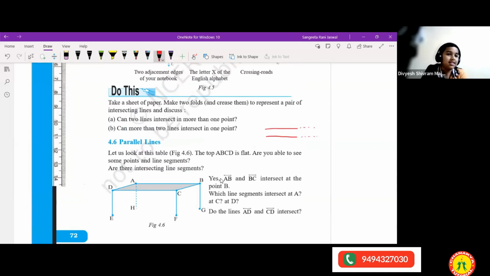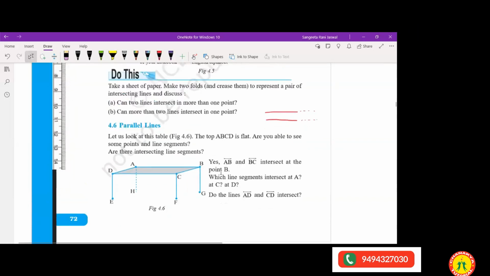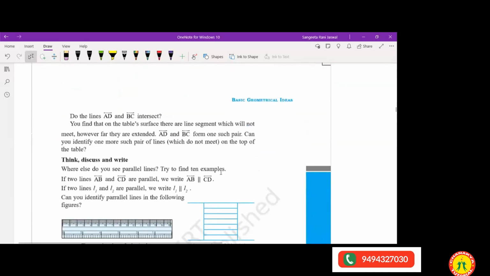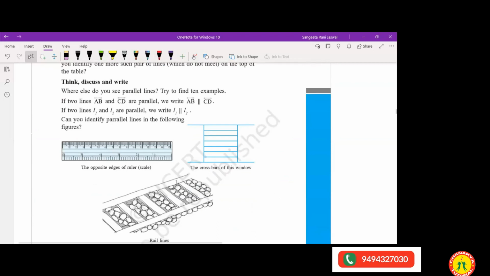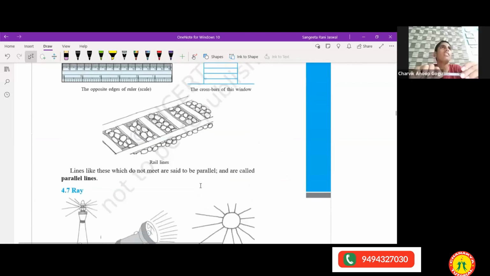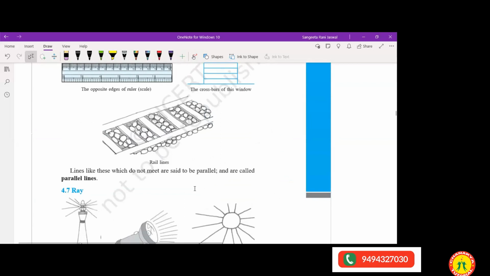Like the tracks of a railway. Okay, the railway line. Ma'am, but like railway tracks, they meet each other, no, ma'am? They never meet. What you are talking about is a junction.